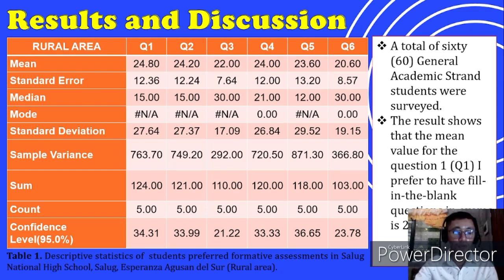The result shows that the mean value for question 1, "I prefer to have fill-in-the-blank questions in exams," is 24.80, indicating a relatively high level of agreement. On average, the students in Salog National High School expressed a preference for exams that include fill-in-the-blank questions, similar to the results of Asilom 2019.